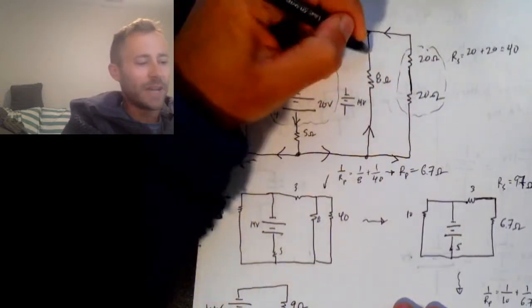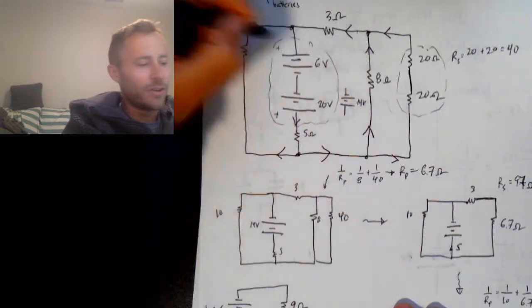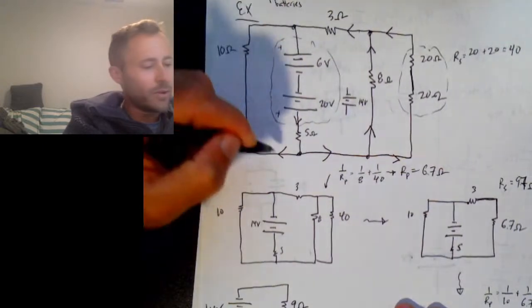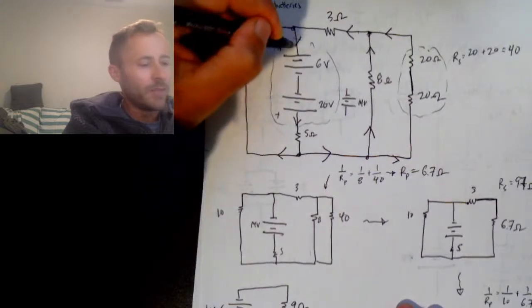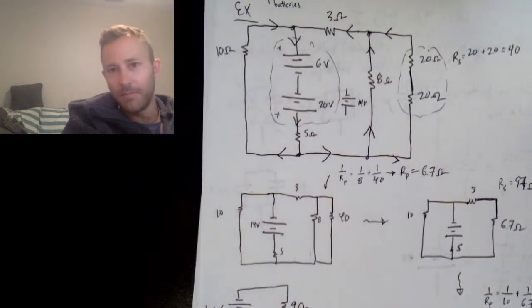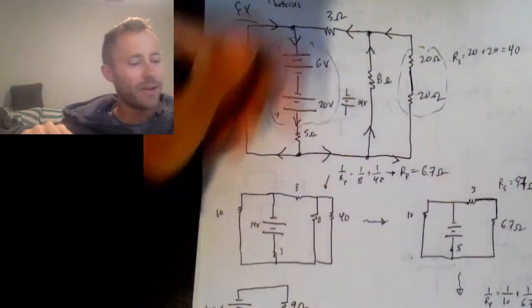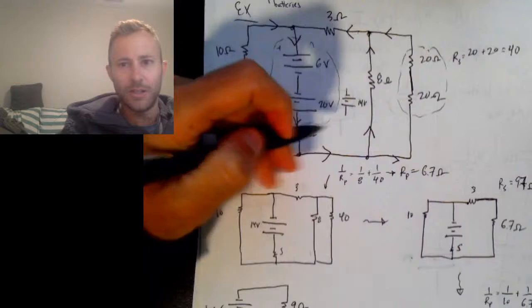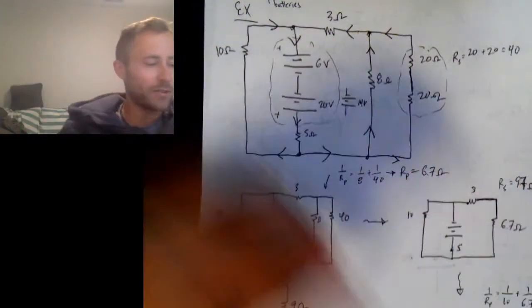Then it's going to come back together right here and go that way. And then this current is going to join with the current that came up this way, and they come back together right there. So the current that goes out of the battery is not the same as the current that each element gets, because the current is splitting as it passes through the circuit.